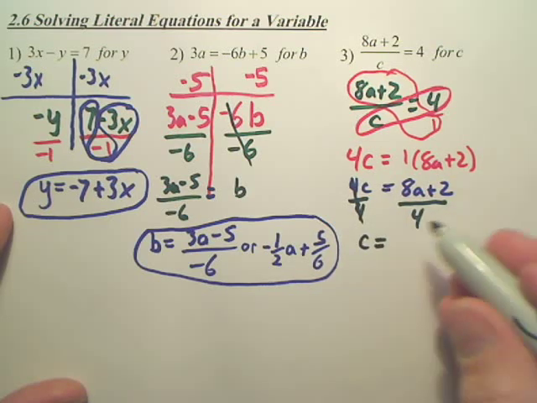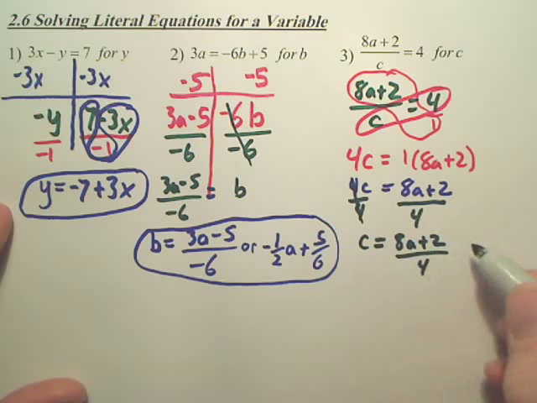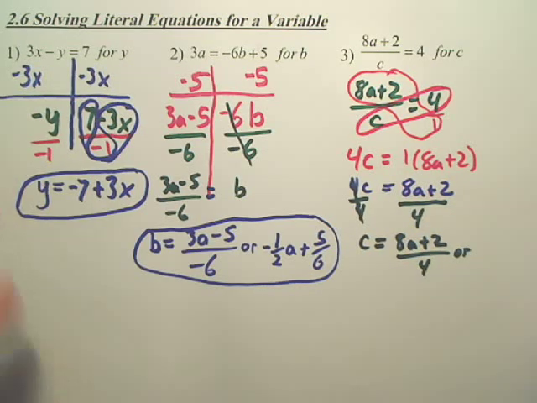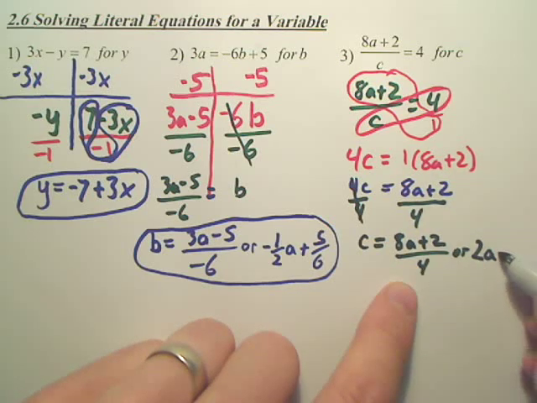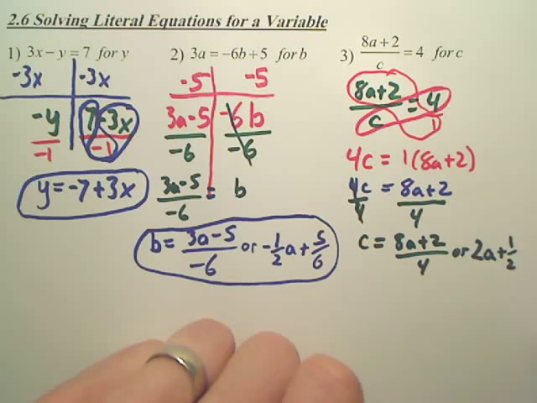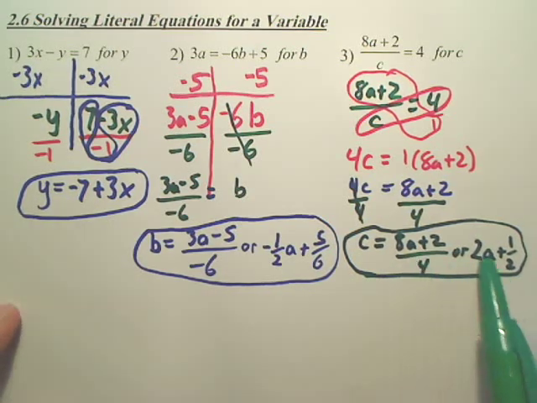So c is either 8a plus 2 over 4, or what's 8 divided by 4? 2. And 2 divided by 4 is 1/2. Those are both doable answers.